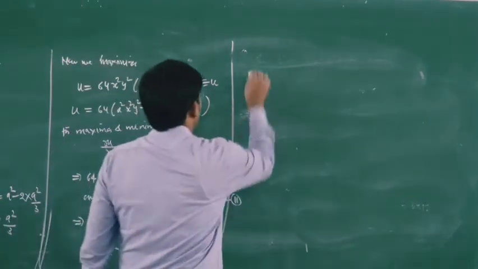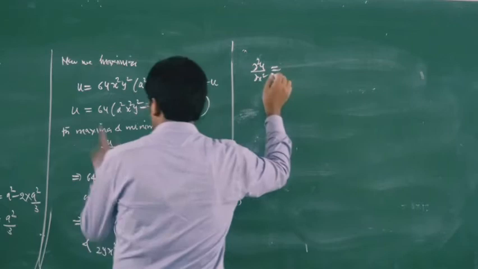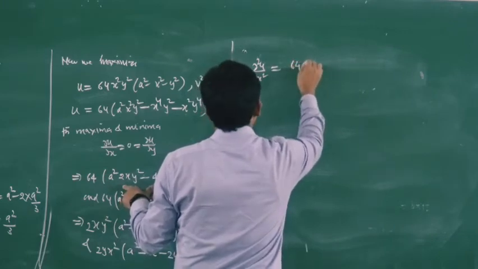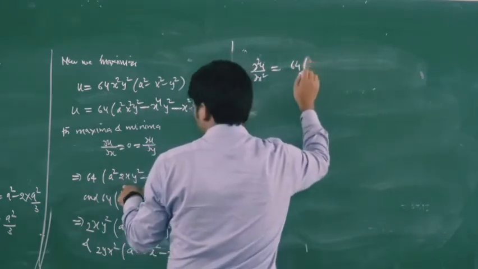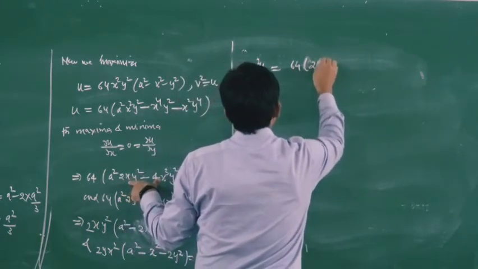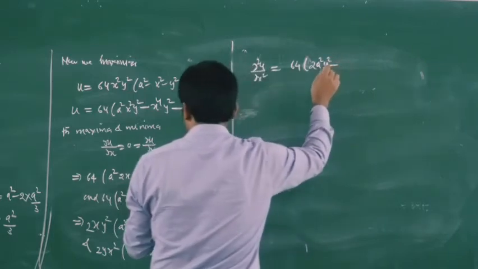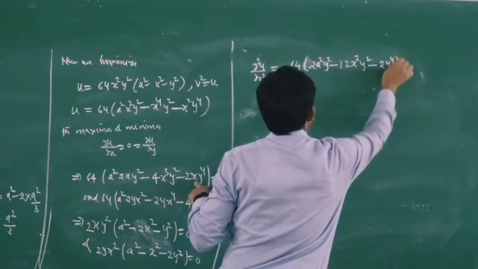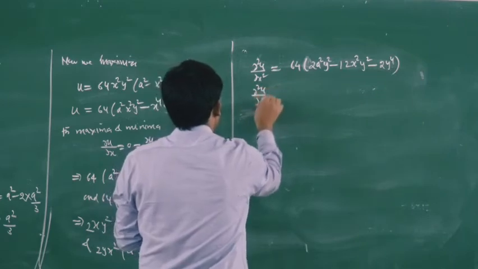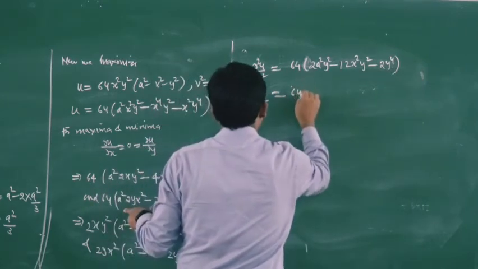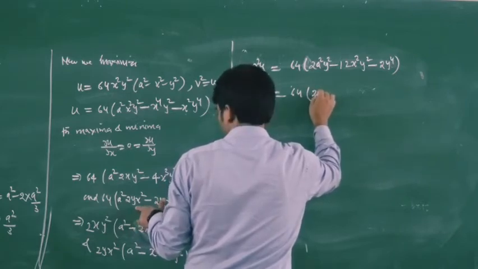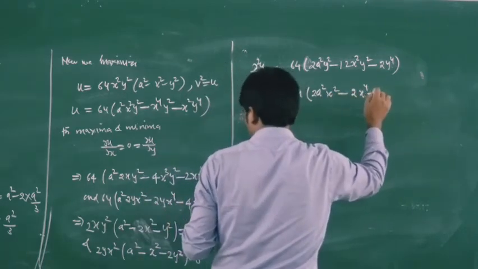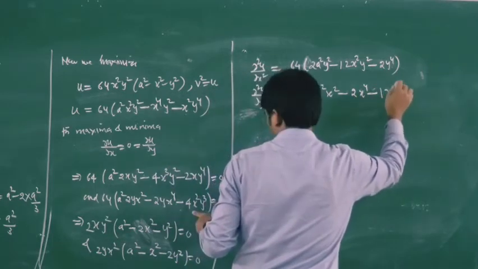So now ∂²z/∂x² will be, the double differentiation with respect to x, 64a² minus 2a²y² then here we will have 12x²y² then we will have 2y⁴. And ∂²z/∂y² will be 64, 2a²x² minus 2x⁴ minus 12x²y².